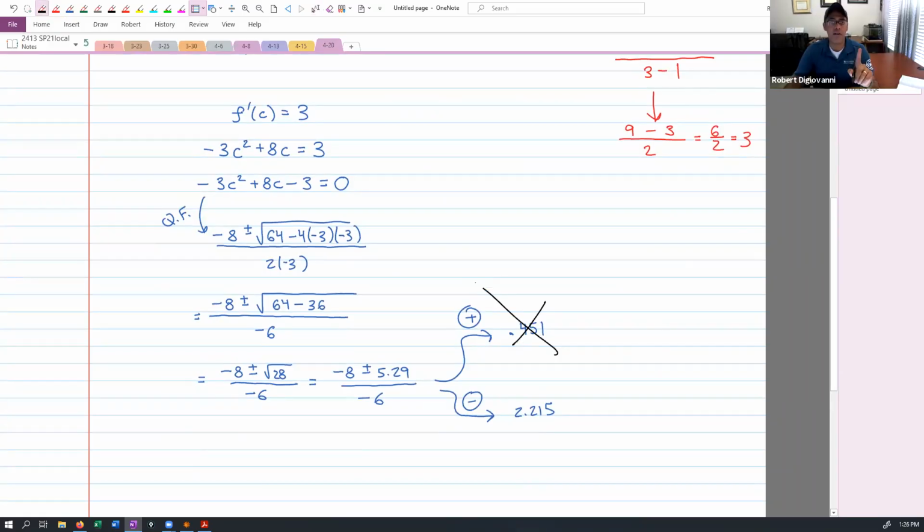The mean value theorem guarantees you at least one. You could get two answers. In this particular case, we got two answers, but we're only going to use one of them because of the interval. So c must be 2.215 right there.